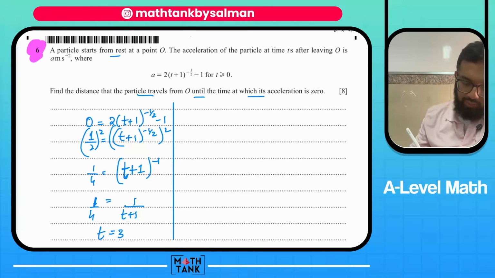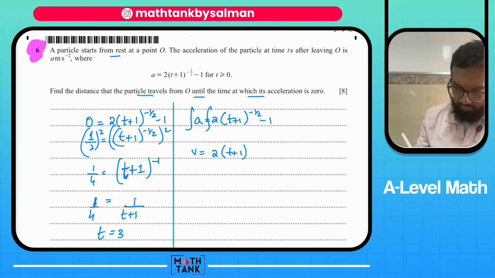So what do I do now? I start integrating. So v equals (t plus 1) to the power half divided by half, minus t, plus c. So 4 (t plus 1) to the power half minus t plus c.